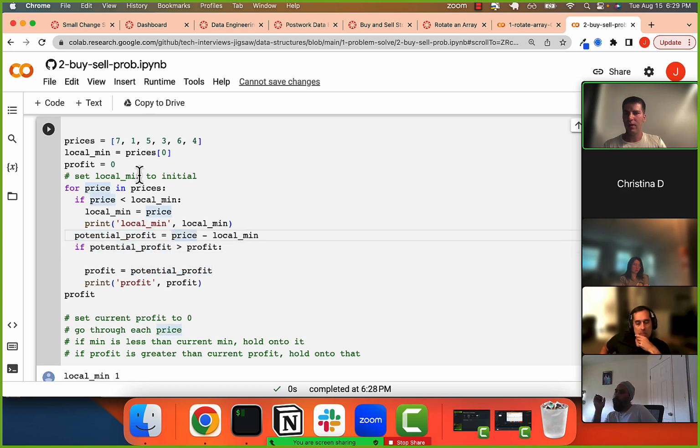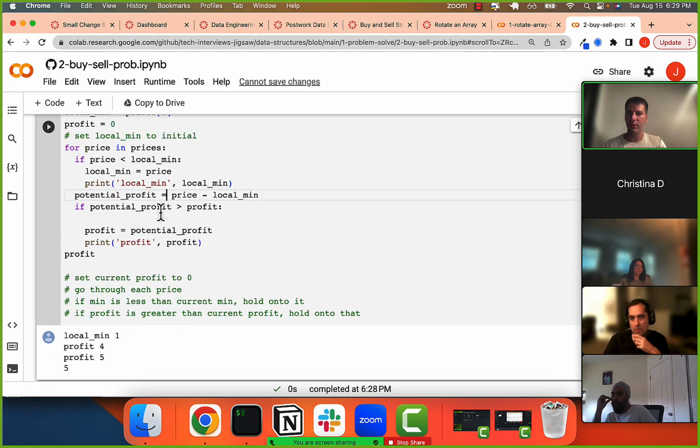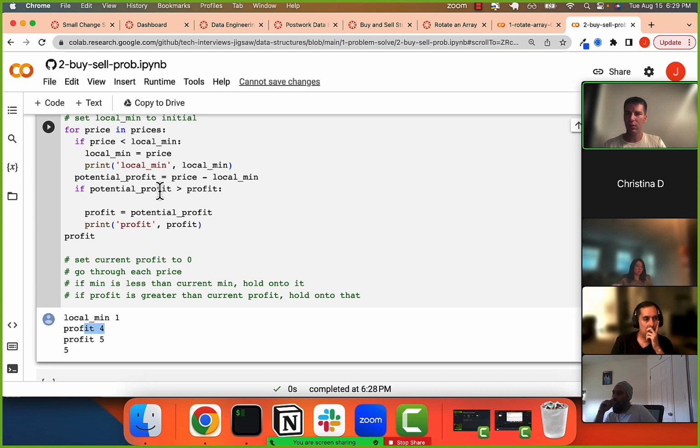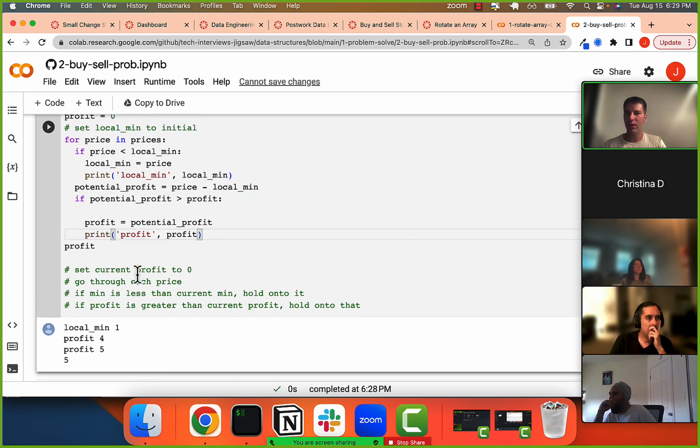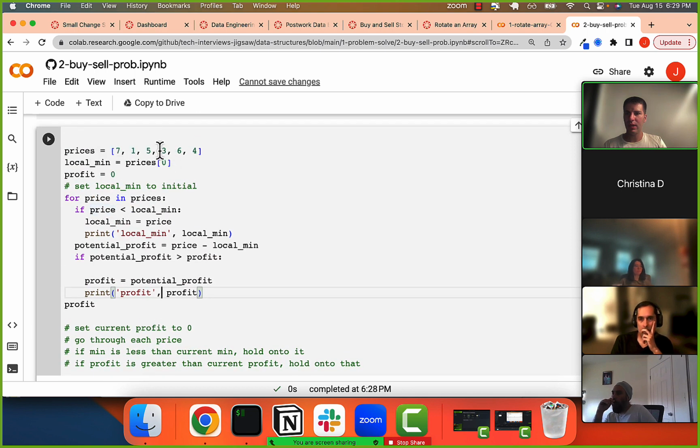But now when we move to the next number, 5, is 5 less than the local min of 1? No. But now my profit can improve upon 0, right? So you can see my profit is 5 minus 1, the current price, so the profit is 4. Now we go to the next one, 3.